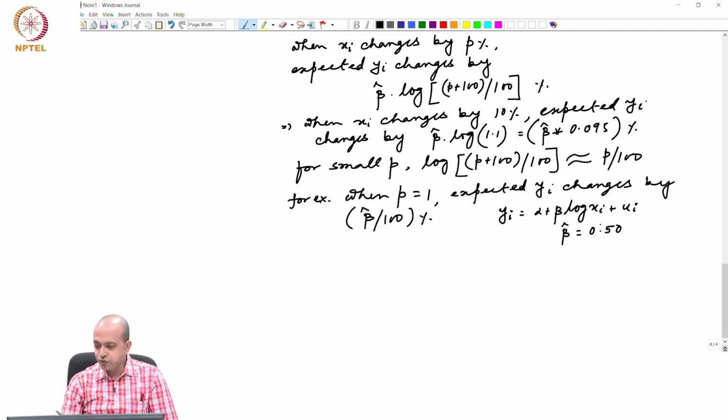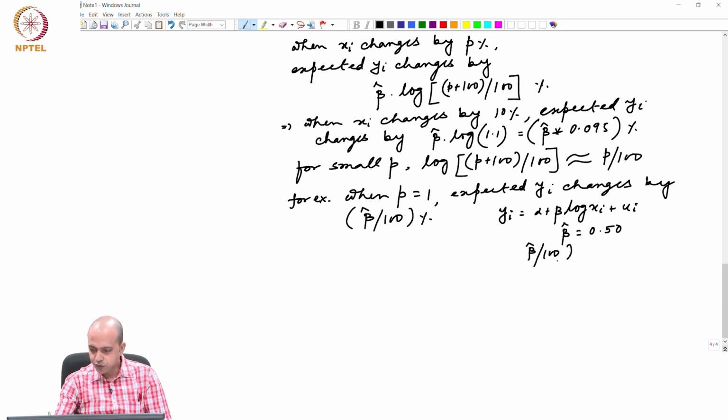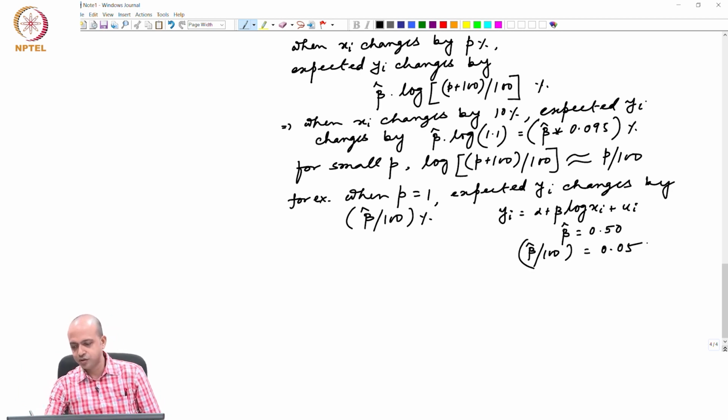What is the interpretation? For 1% change in x, expected value will change by beta hat divided by 100. So, this would become 0.05.